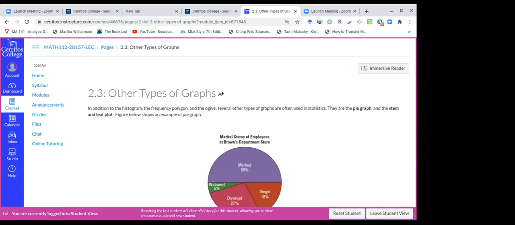Remember that when you're going through the types of graphs, you want to make sure that you pay attention to the types of data that you're dealing with, whether it's qualitative categorical or quantitative numerical, and what types of information go on each axis.